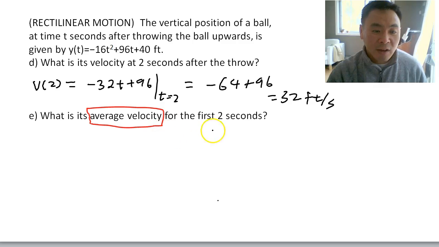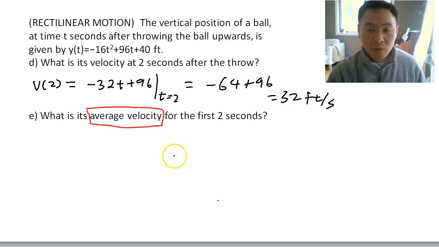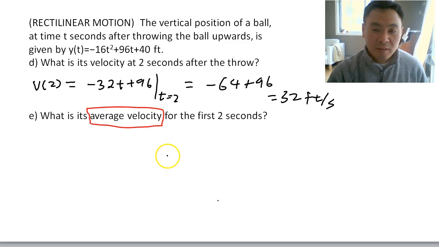The average velocity is really the average of the velocity during the entire trip, not just the beginning and the end. It just happens that for constant acceleration motion, the average velocity is the same as the average of the two velocities at the beginning and the end. But even if that's true, it's not something that I should be doing. I want to solve this in the correct way.